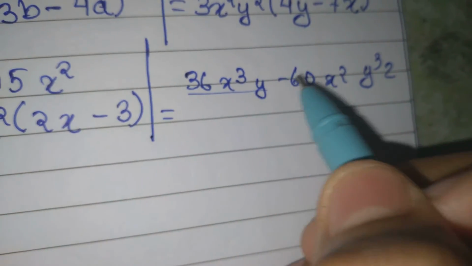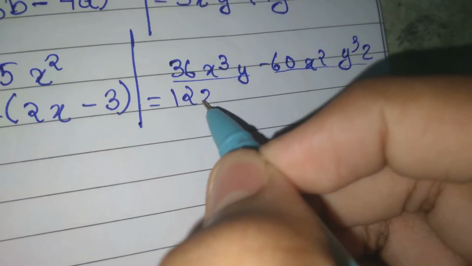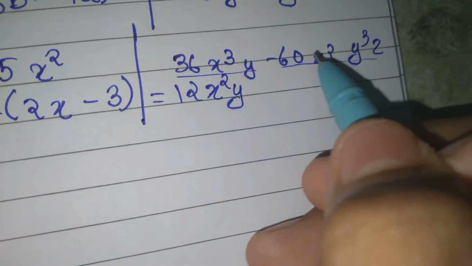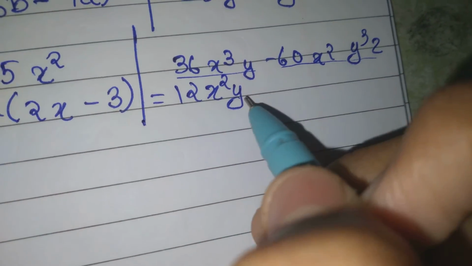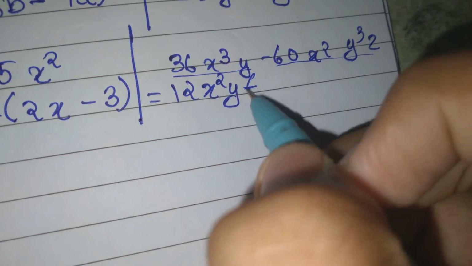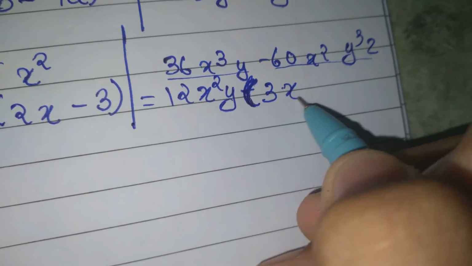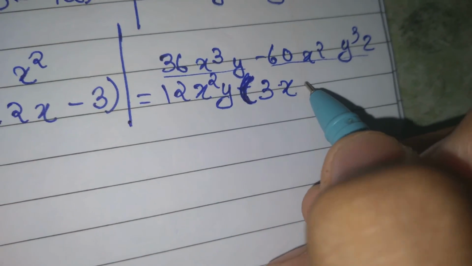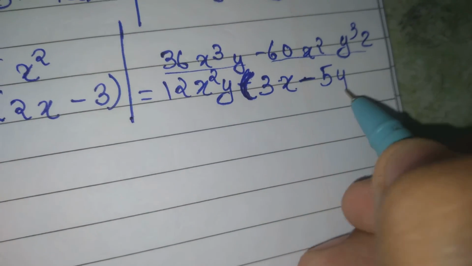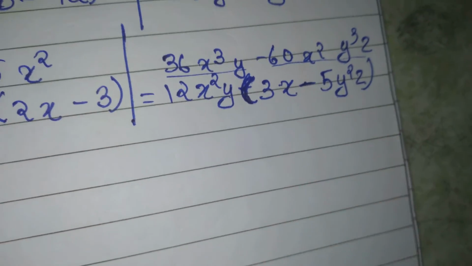Now for 36 and 60, the HCF is 12, then x squared, then y, because x squared is the minimum power, y is the minimum power, and z is not in both terms, that's why. Then the bracket will come here, 3x, then y will get cancelled out, minus 5 x squared, and y squared z will come here. Okay, then we are done now.